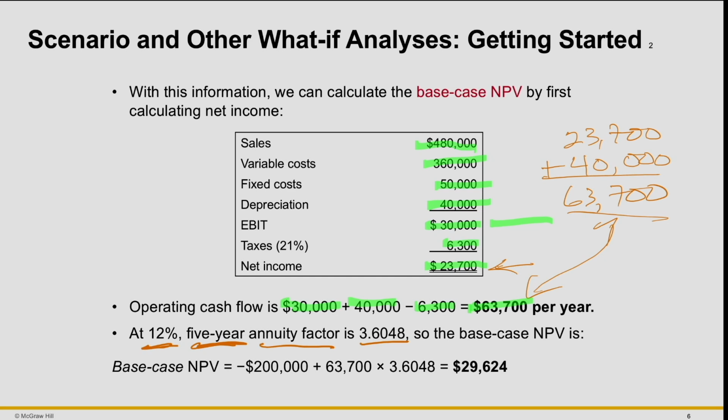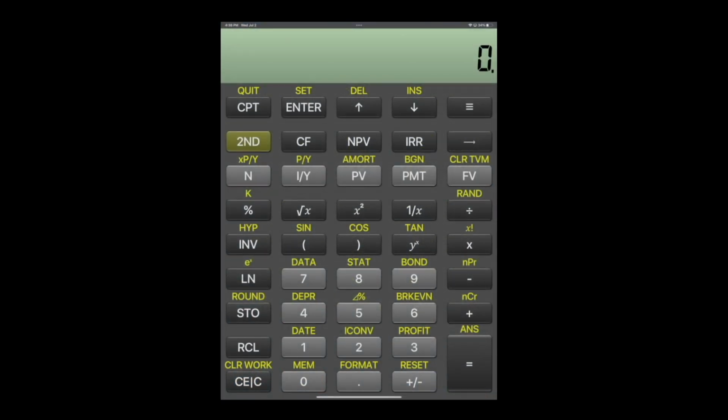And when we look at the net present value of that, we're going to subtract the cost of the project plus, and we could put parentheses around this just to make sure that it's clear that we're multiplying 63,700 by the 5-year annuity factor at 12%, that 3.6048. And we end up with a positive NPV of $29,624.